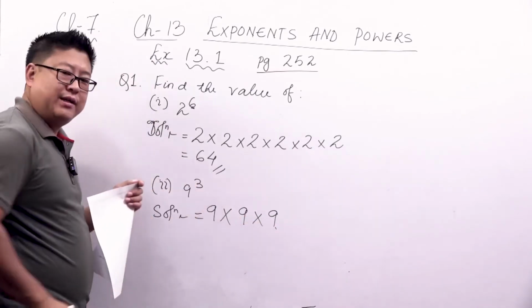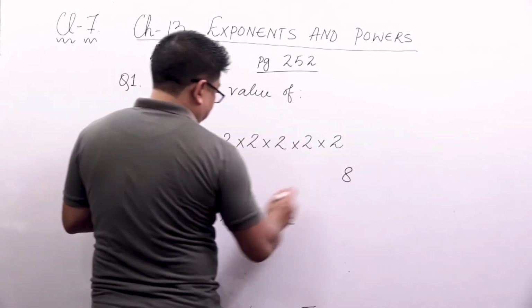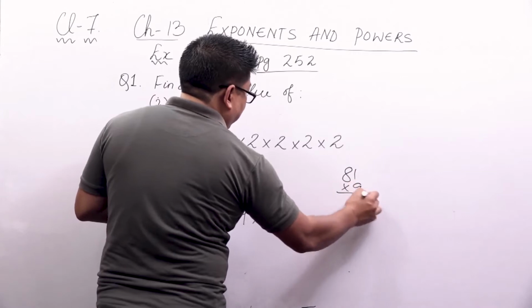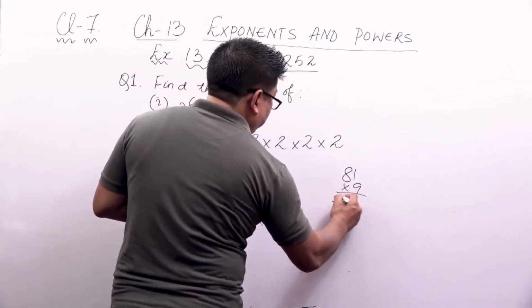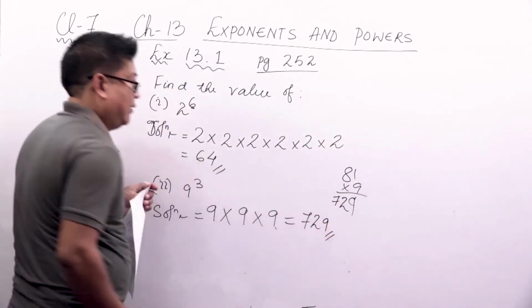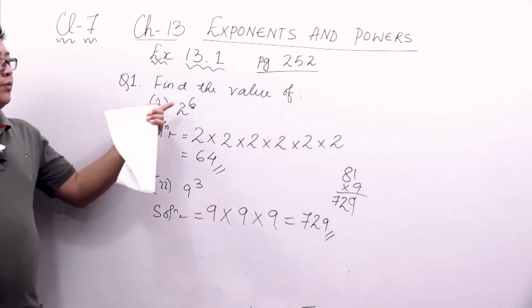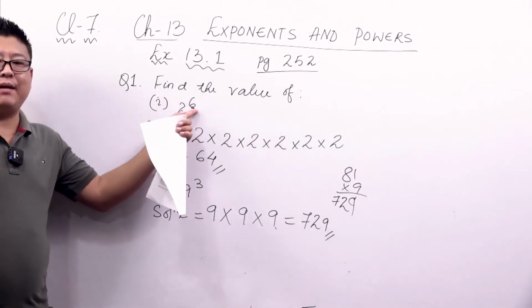Because the exponent is 3. All right? So when we multiply 9 3 times, 9 into 9, 81 into 9, we're getting 729.